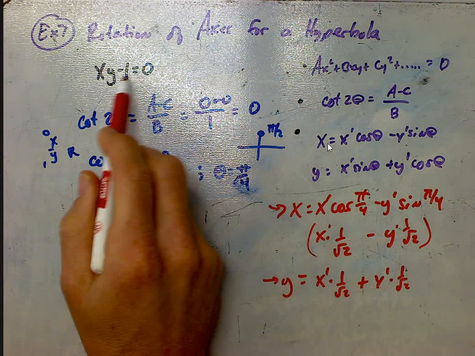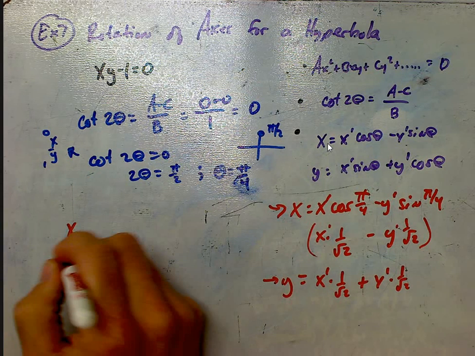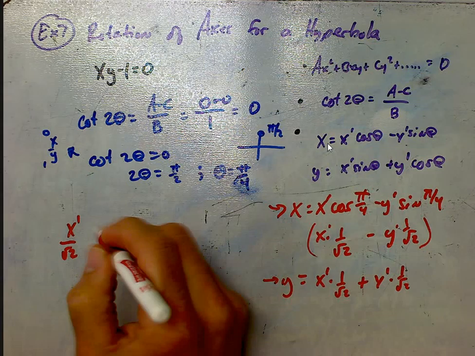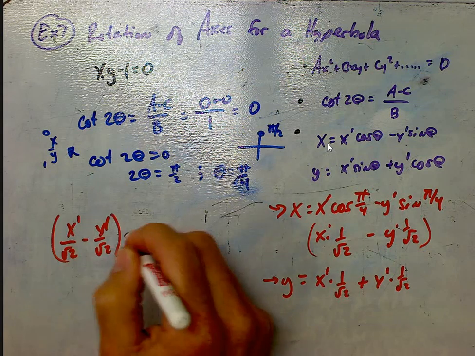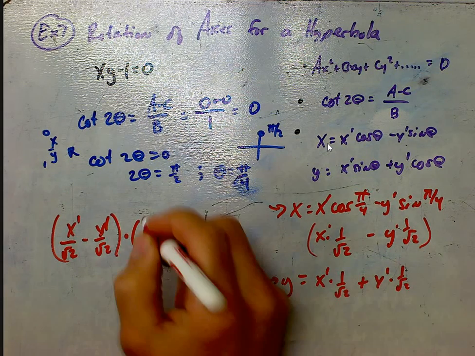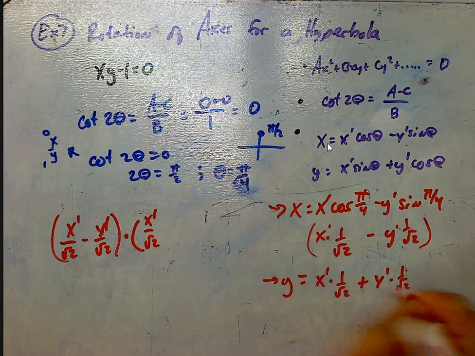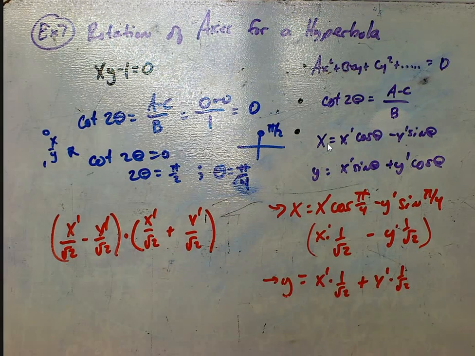So I'd have x, which is x prime over square root 2 minus y prime over square root 2, times y. Y is x prime over square root 2 plus y prime over square root 2, and then minus 1 equals 0.